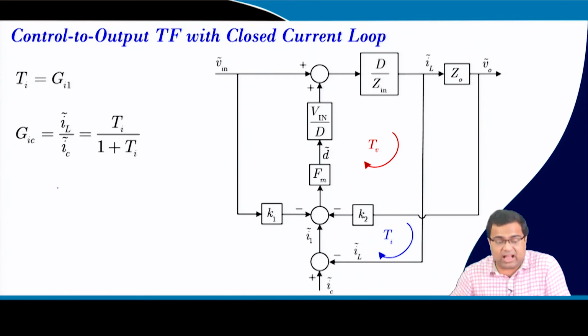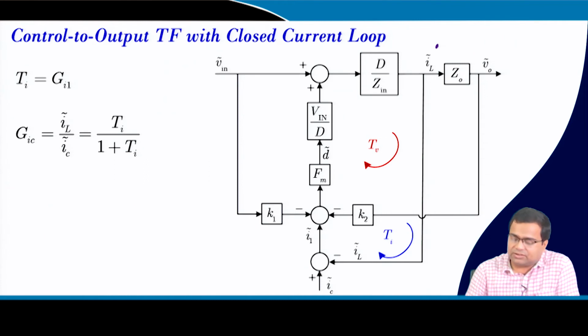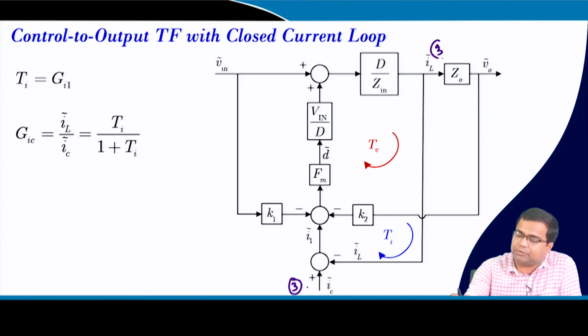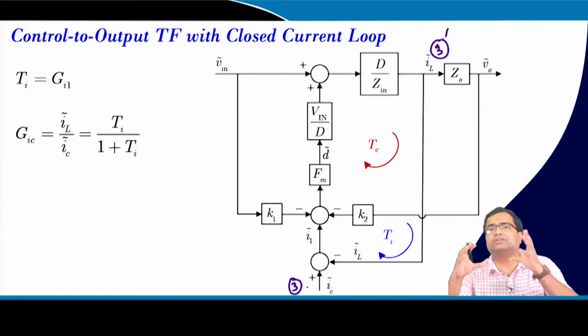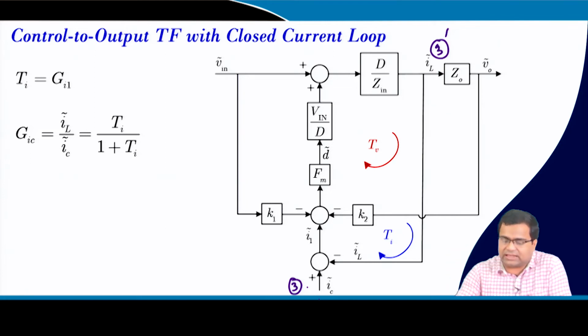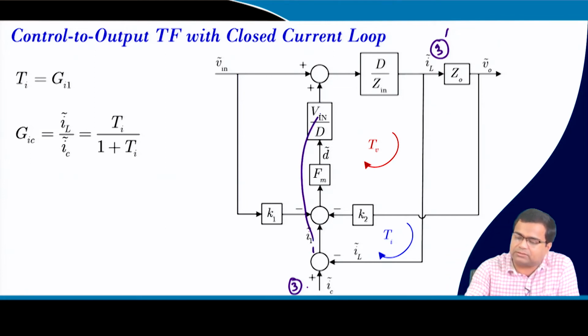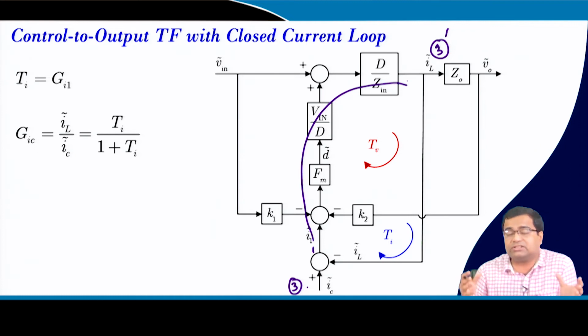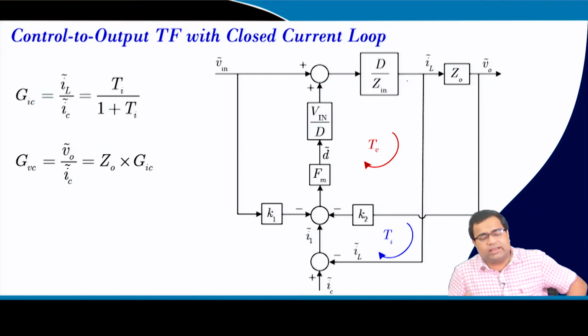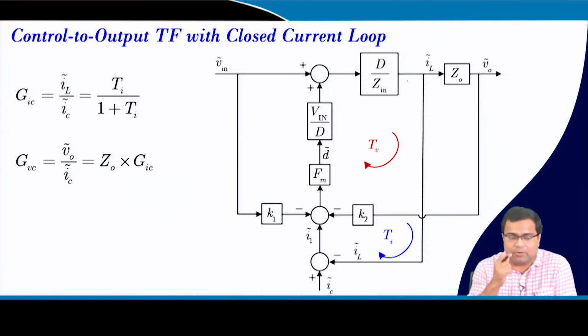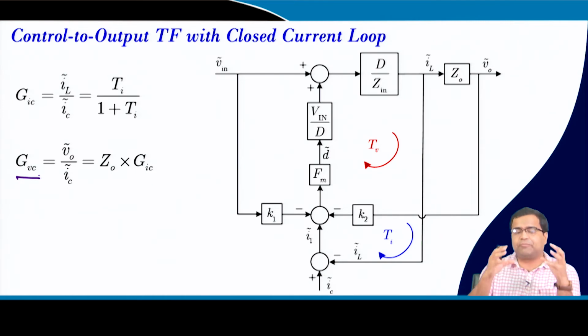Now, what is my IL by IC? In IL by IC, we are talking about the number 3 point and number 3 dash point. So, we are getting between 3 to 3 dash, and this is nothing but the forward path over everything, which is the current loop transfer function divided by 1 plus the current loop transfer function. So, this is the transfer function. Once we get the current loop transfer function, then we have to get the control to output transfer function, which is V0 by IC.